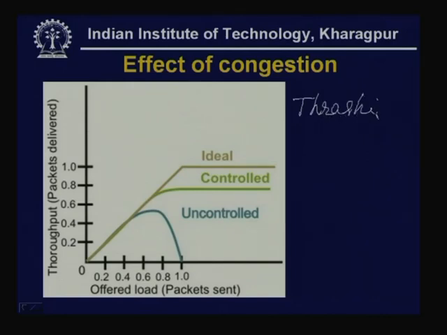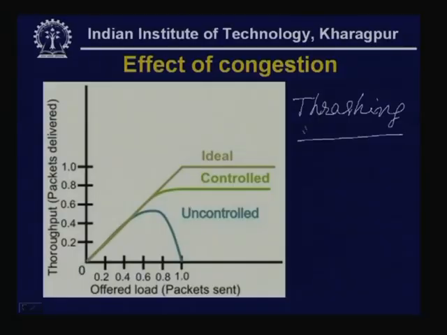In thrashing, although the stations introduce packets in the network, not a single one is delivered because of long delay, retransmissions, and various other problems. Thrashing occurs when the throughput becomes 0.